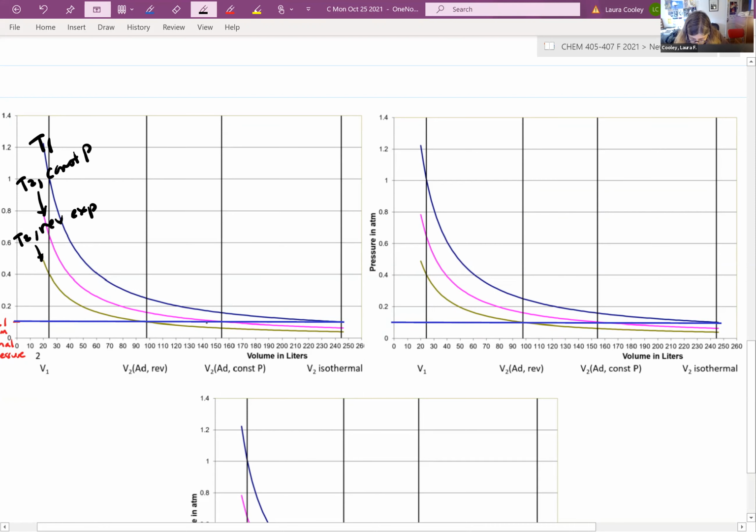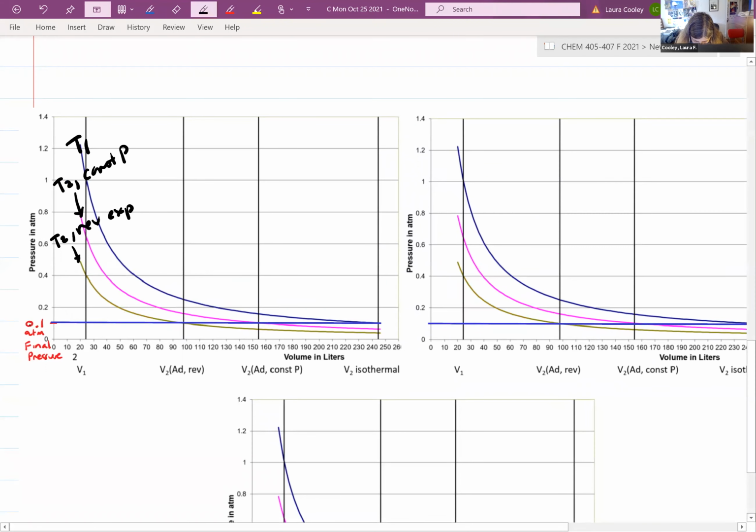And so you end up at different volumes because if this is your pressure at the end, say 0.1 atmospheres, your final volume for the reversible, you'll start here and you'll end up down here. You'll have the greatest decrease in temperature because you're doing the most work.